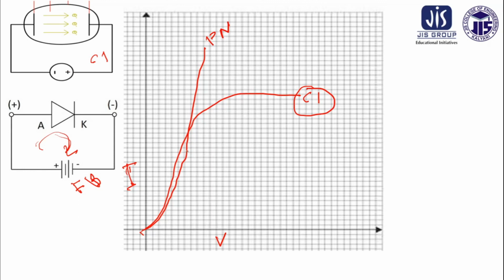So we can say the characteristic of the PN junction is also equivalent to this particular diode valve. So for that reason, we can conclude that the PN junction is also a diode.